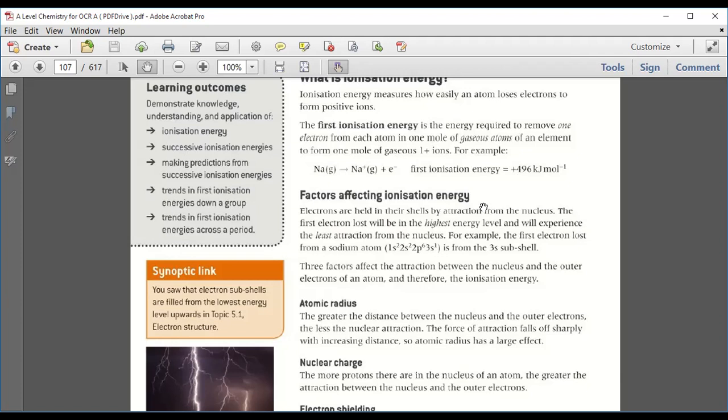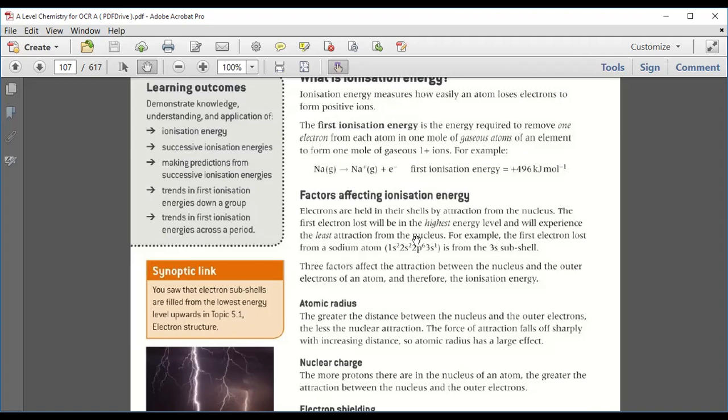It provides some force of attraction and binds them in the shell. The first electron to be lost, in the highest energy level, will experience the least attraction from the nucleus.